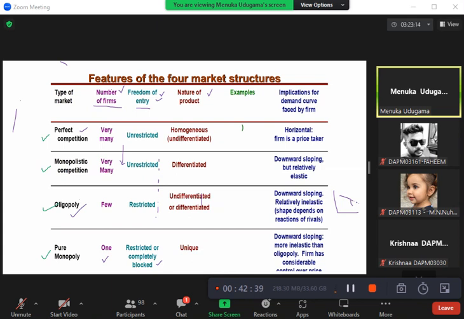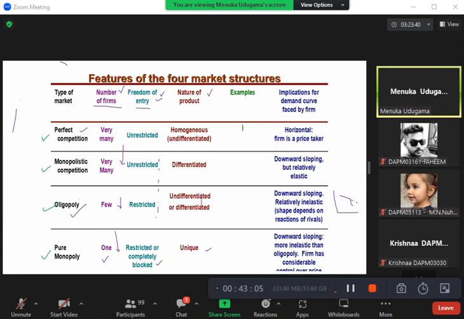They're less and less transparent. Like for example, monopoly more restricted, less transparent, and pure monopoly very, very restricted. You might not have any information on production, maybe. Right?